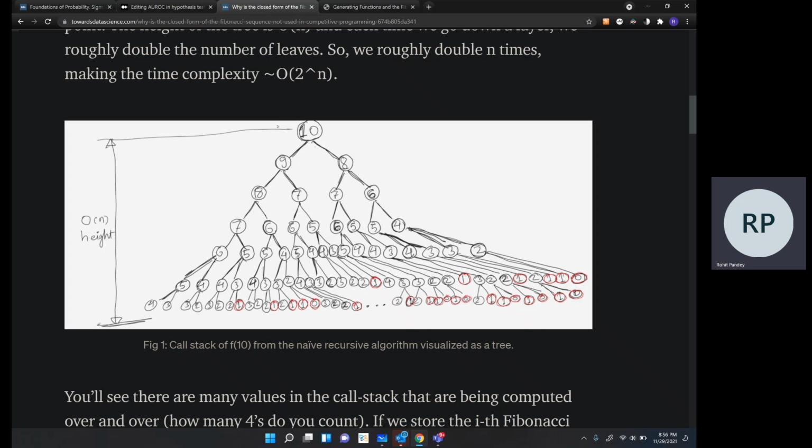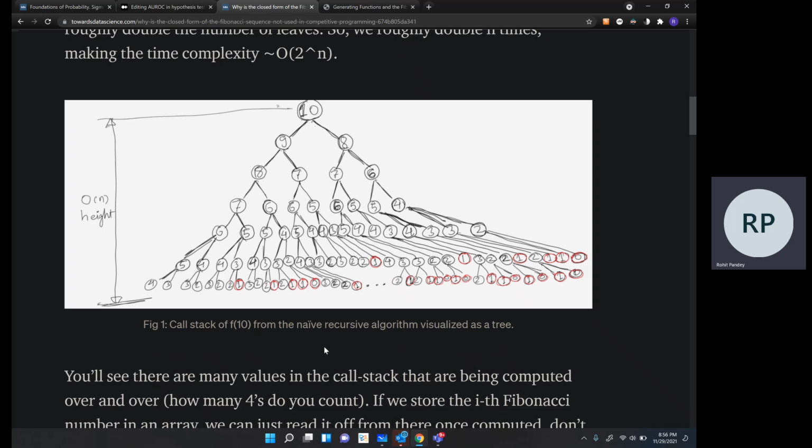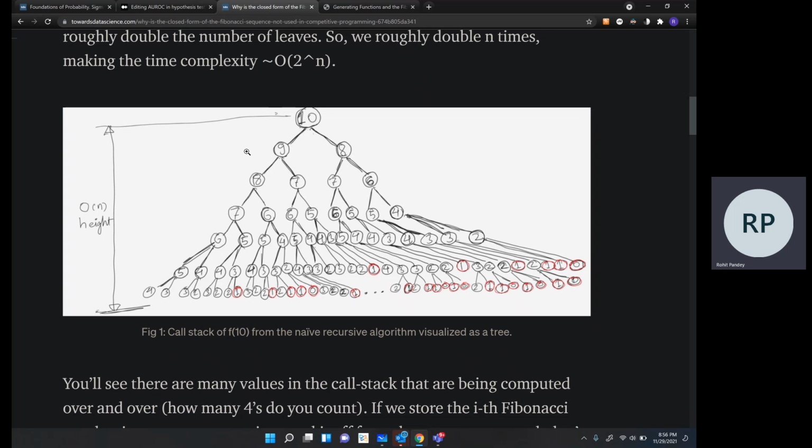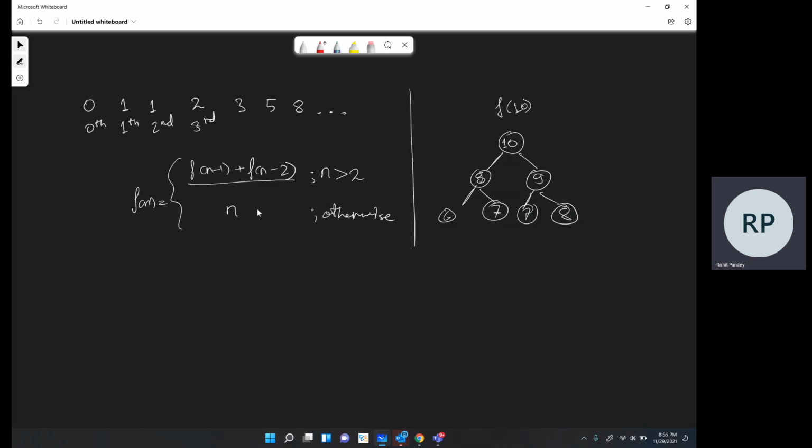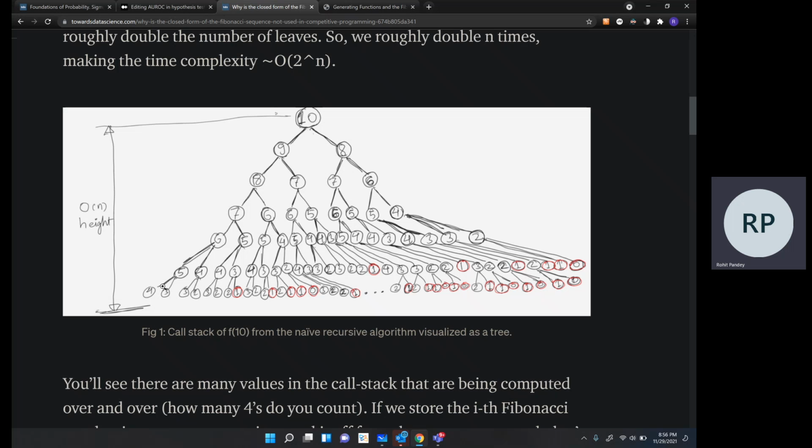And so if you do that, you will get a method that is not exponential. You can see this recursive method was exponential because this is a tree. The height of the tree is n because you go from 10 all the way down to 1. When you get to 1 or 0, that's when you can just return n. Otherwise, you're still recursing.